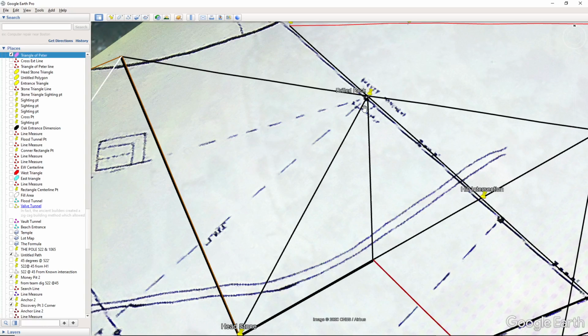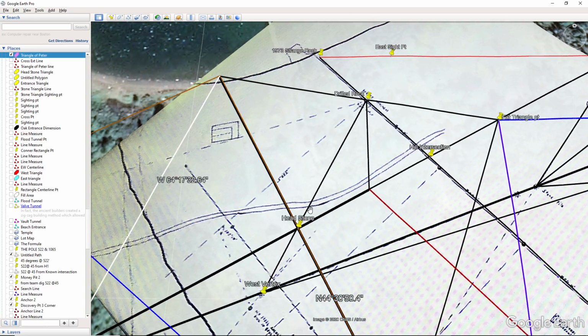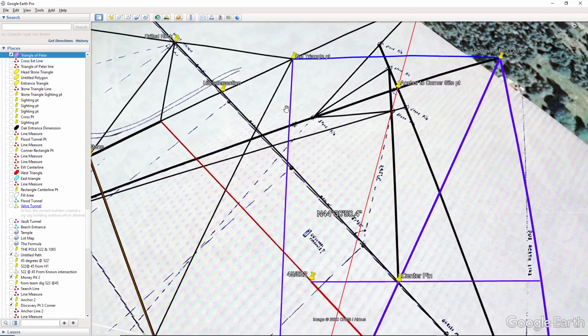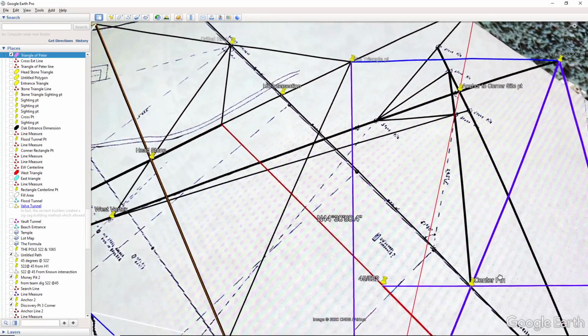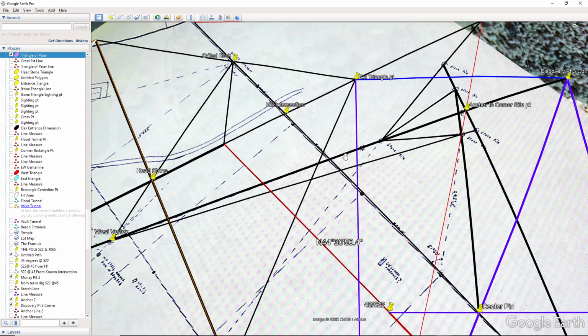And just a little fact, this angle right here that comes off of the headstone to this drilled rock is the same angle as this theoretical blue line right here, this large one that goes from corner to corner on these things. It's roughly around 26.5 degrees.